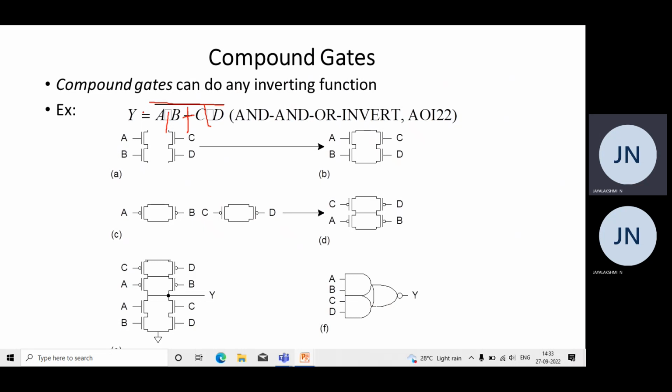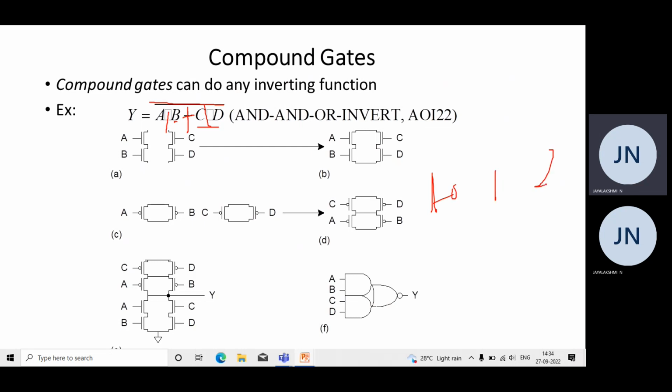Since we are making use of two inputs in each AND, here two inputs and here two inputs, the name is AND-OR-Invert 22. So we can simply write it as AOI22.